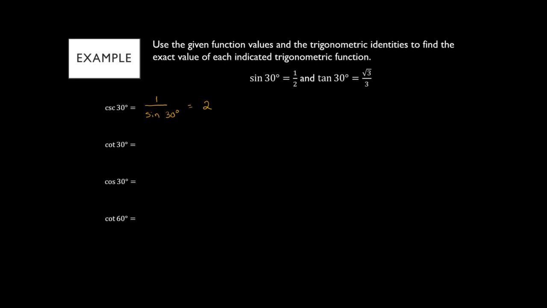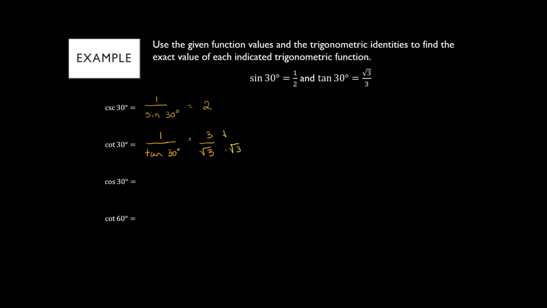Cotangent 30 degrees is the reciprocal of tangent. So that's 1 over tangent of 30 degrees. So tangent is square root of 3 over 3. This would be 3 over the square root of 3. And then we'd have to rationalize the denominator.